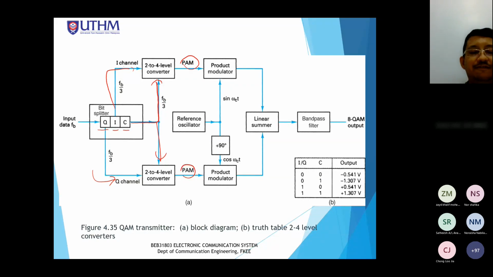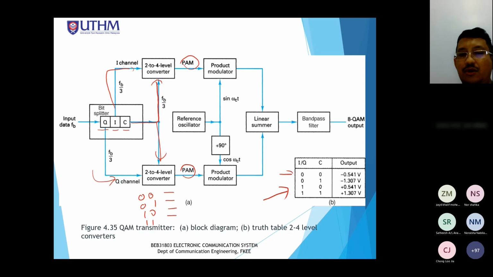Remember, we have 2 inputs, so we have 4 possibilities of output, if the input is 0, 0, 0, 1, 1, 0, and 1, 1. It will produce 4 different levels of output voltage, which is defined here in the table for this specific level converter.